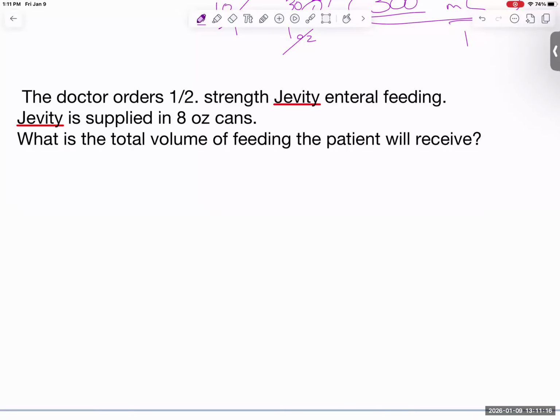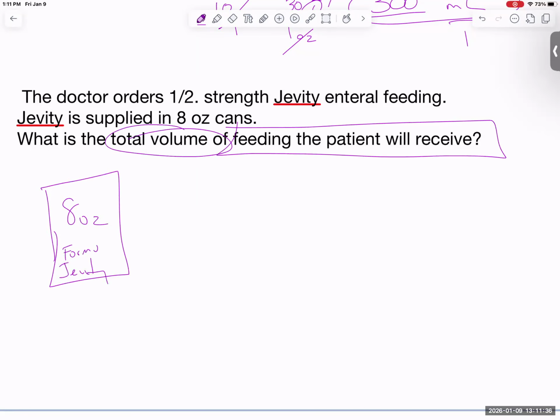All right, let's read this here. The doctor orders half strength, longevity type of feeding. And when you go into the pantry, or maybe dietary delivers, an 8-ounce can of formula called longevity. What's the total volume of the feeding the patient will receive? But what do I have to do first?